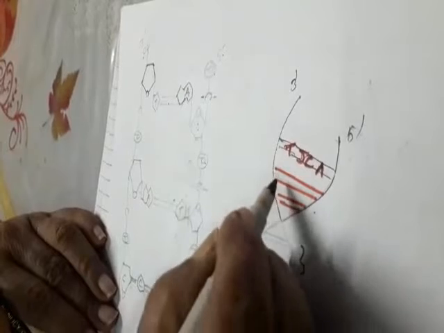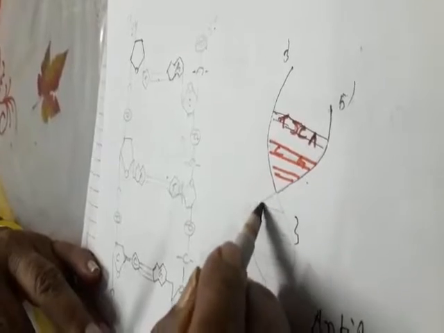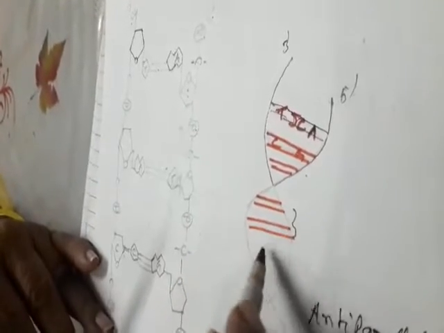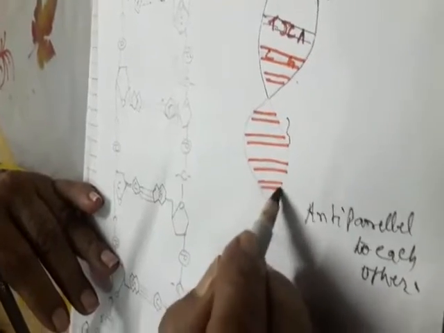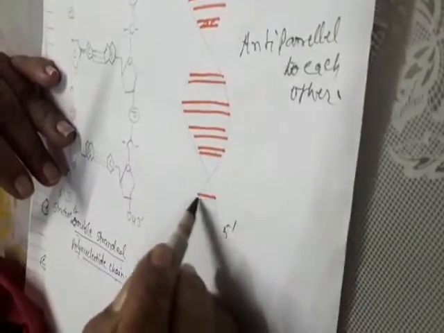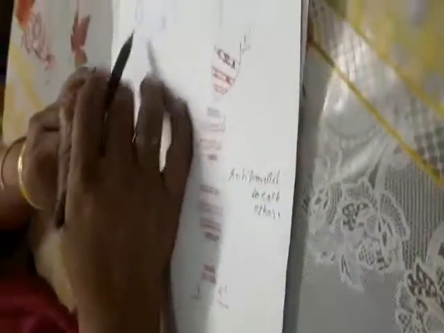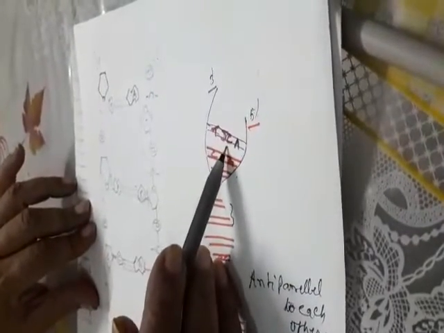This is C and this is G. In the same way, 5' and 3', 5' and 3', this is the pattern by which the two strands join with each other with the help of nitrogenous bases.